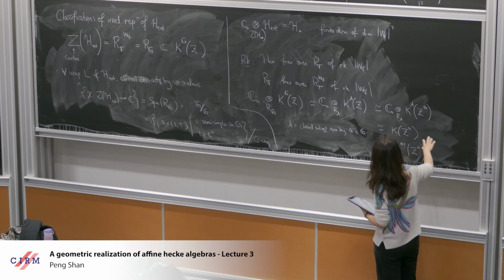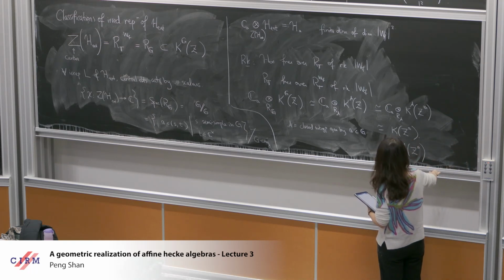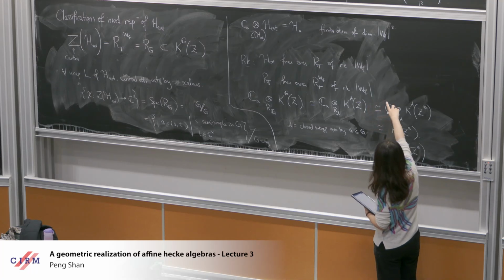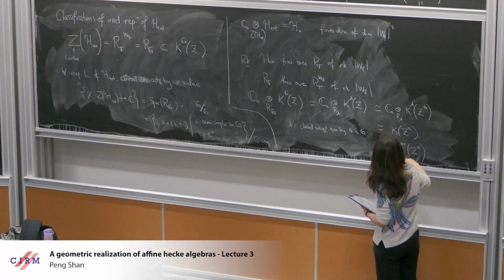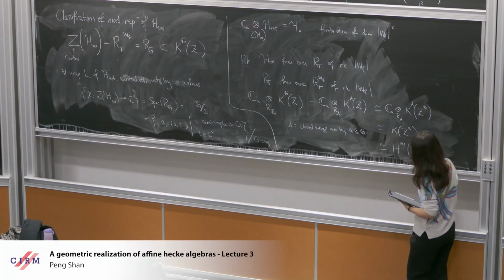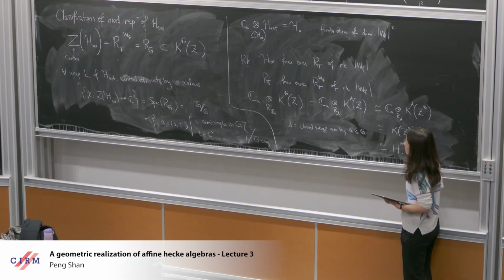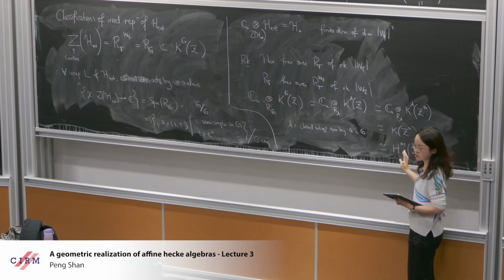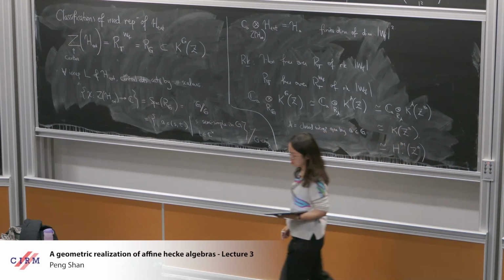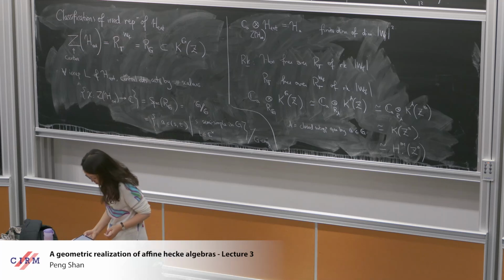So this argument reduces the study of this affine Hecke algebra to those with specialized central character, and those you can interpret using, well, actually you can use either K-theory or Borel-Moore homology, but there are certain advantages of using Borel-Moore homology because you can use some sheaf theory to deal with this, but this goes beyond the scope of my course.